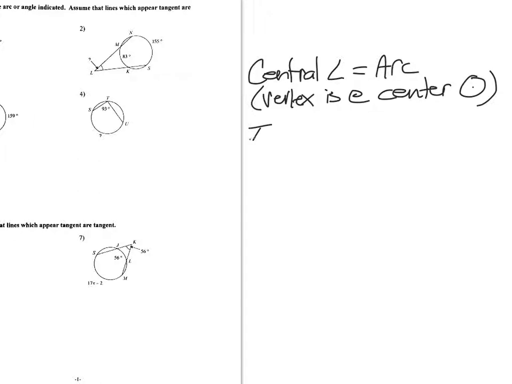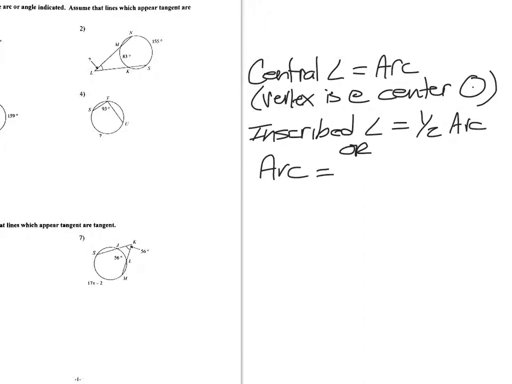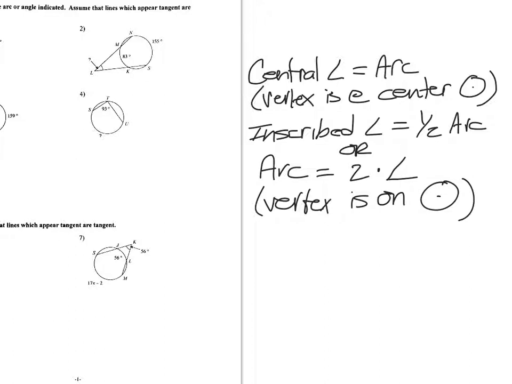We have an inscribed angle, which is equal to half the arc, or the arc is equal to 2 times the angle. What's that mean? The vertex is on the circle. And this is what you want to remember, where the vertex is.